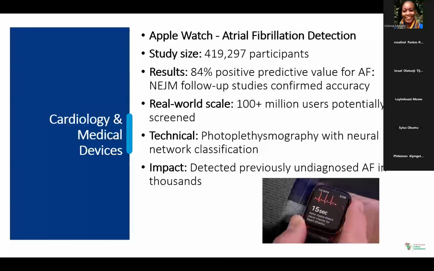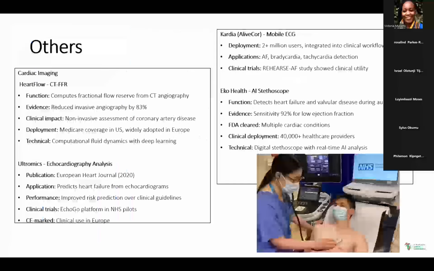If you think you are having a problem and you press the button, it will record your ECG, and it's got an 84% positive predictive value for atrial fibrillation. So many, many people across the world are using this. It is potentially picking up huge amounts of atrial fibrillation.